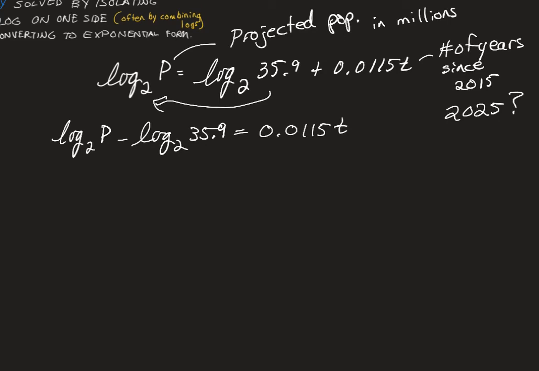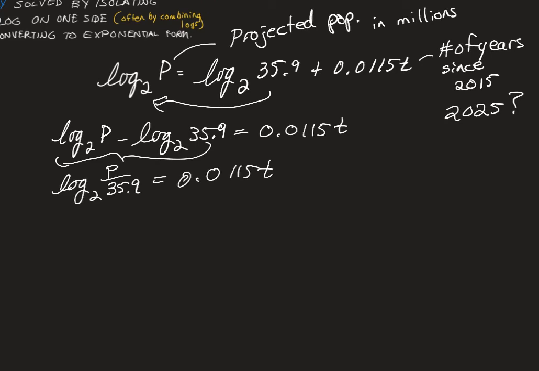I have a difference of 2 logs. That means I can combine their arguments in a single log of the same base, and the arguments will form a quotient. And that's going to be equal to 0.0115 t.